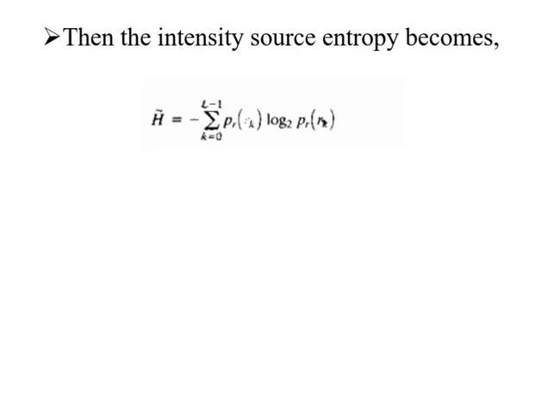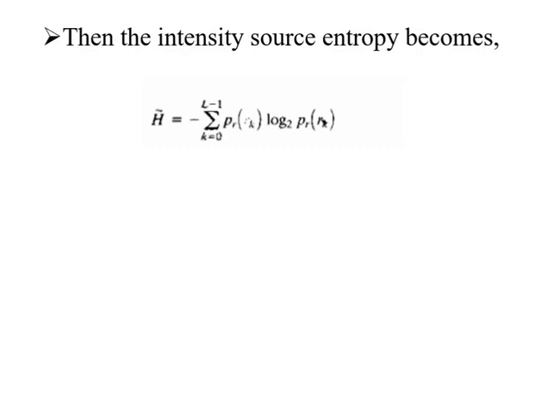If an image is considered to be the output of an imaginary zero memory intensity source, we can use the histogram of the observed image to estimate the symbol probabilities of the source. Then the intensity source entropy becomes H bar equal to minus the summation of k equal to 0 up to L minus 1 of P_r(r_k) log base 2 of P_r(r_k), where the variables L, r_k and P_r(r_k) are defined earlier.